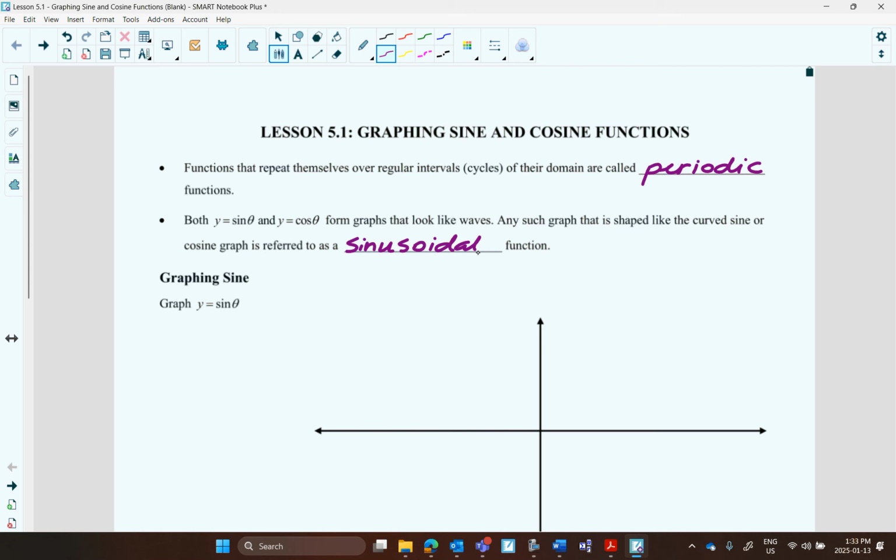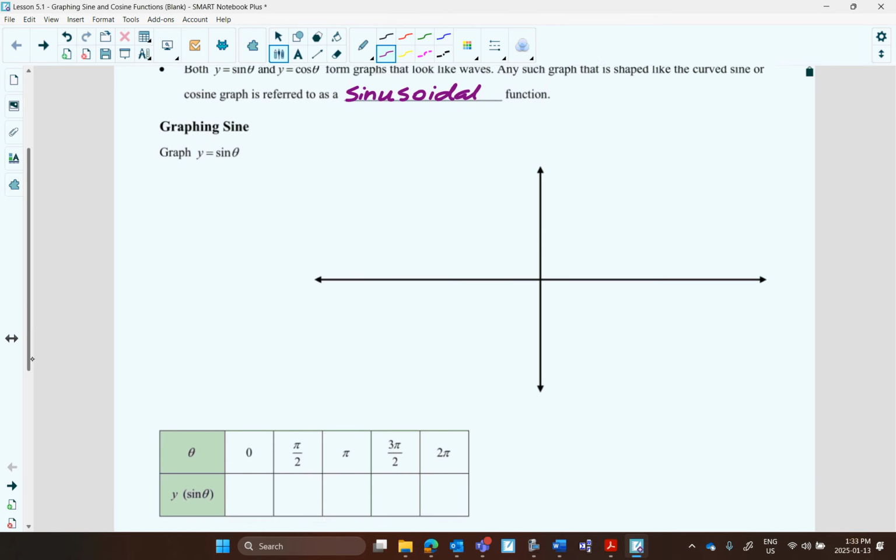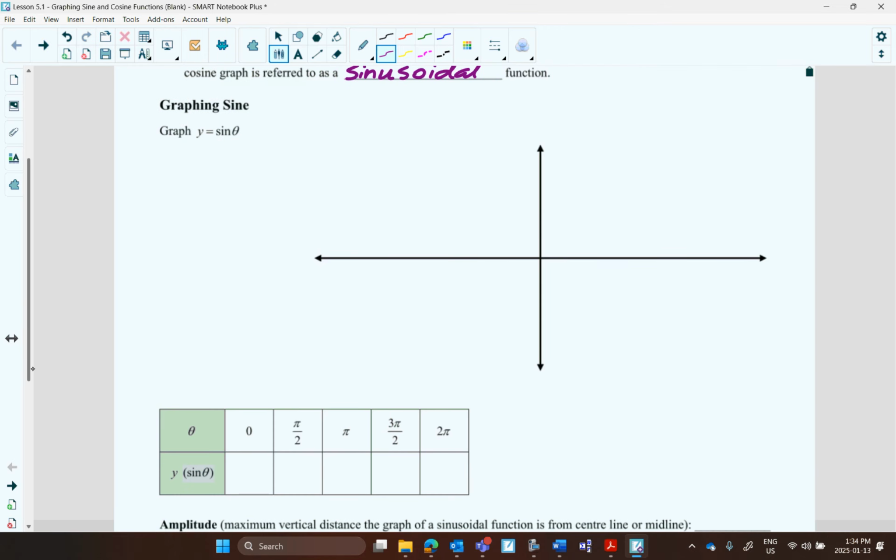Those are names we specifically give to sine and cosine because they follow a wave. All right, so we saw how they looked, but let's see if we can get that same look. And a lot of times, like last year when we talked about quadratic functions for the first time, we talked about absolute value functions for the first time. We talked about rational functions for the first time.